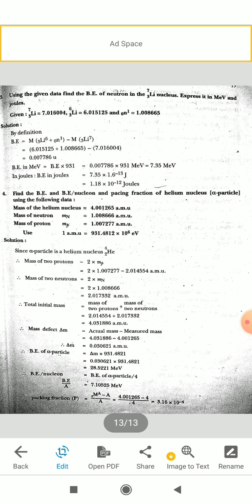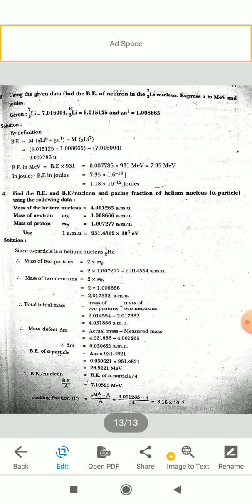By the definition of binding energy, if you add lithium-6 plus a neutron, that will give the lithium-7 isotope. We take the difference of those two, and we will get the binding energy.